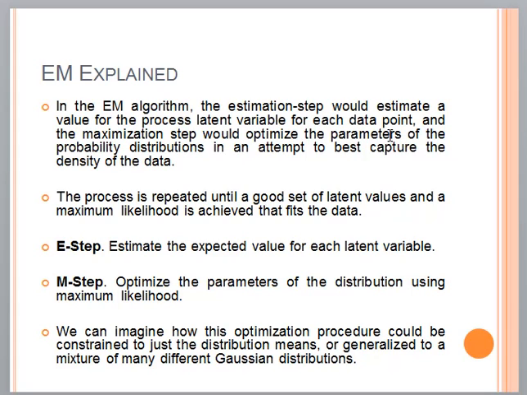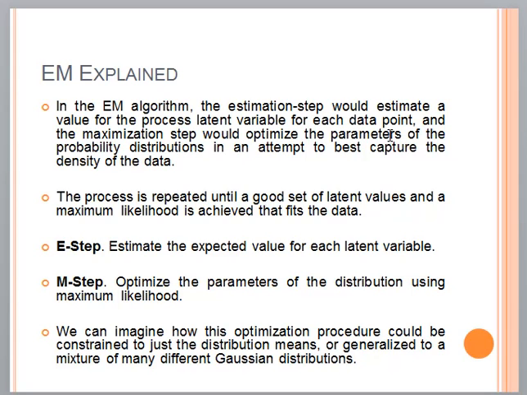So now let's have a detailed look at the EM algorithm itself. In the EM algorithm, the estimation step would estimate a value for the process latent variable for each data point, and the maximization step would optimize the parameters of the probability distributions in an attempt to best capture the density of the data.